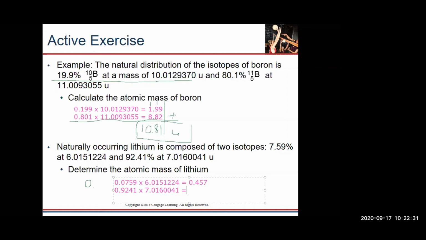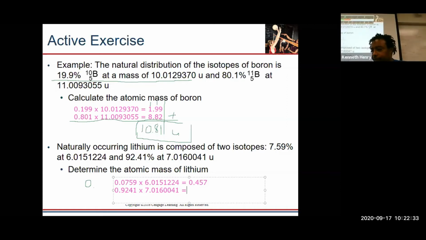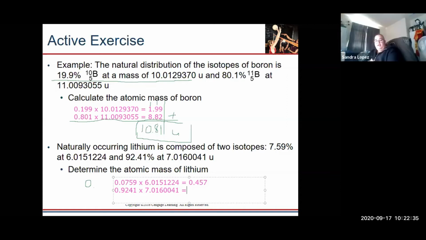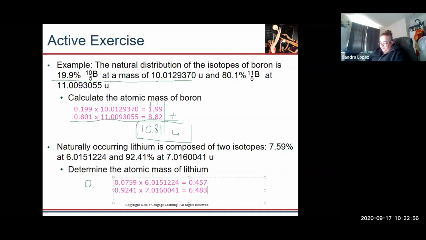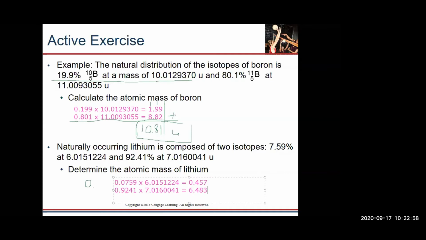What do you guys get? 6.48. Is that 4 sig figs? That's only 3, 6.48. Okay, so that's 4 sig figs.